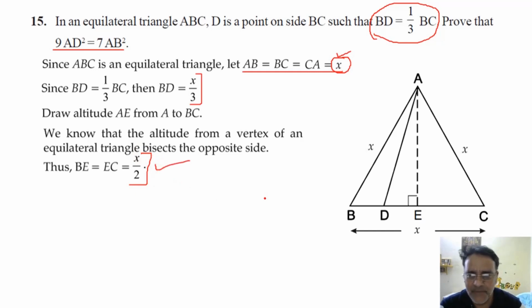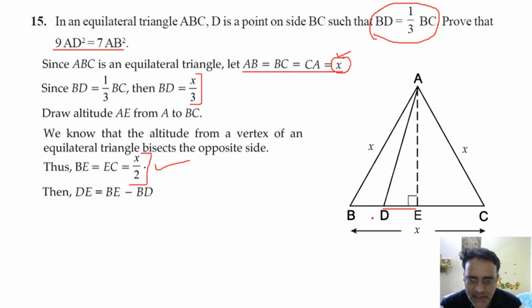Yes, sir. Okay. Now AD belongs to which triangle? Triangle ADE. And AB belongs to which triangle? Triangle ABC. Okay. So we'll take one by one after finding the value of DE.